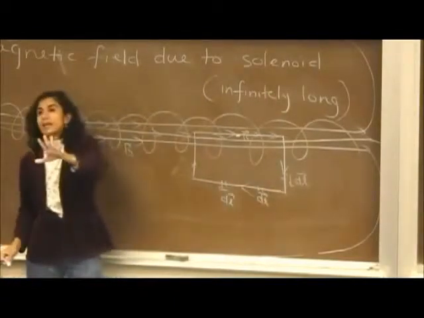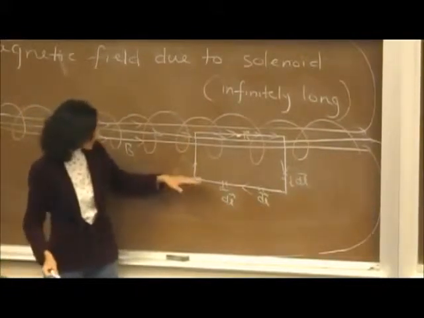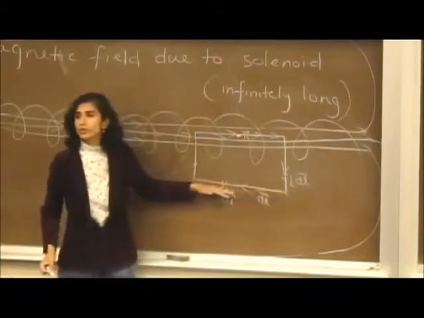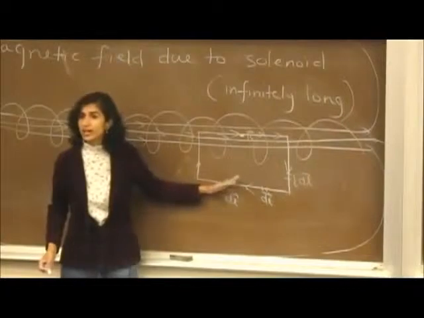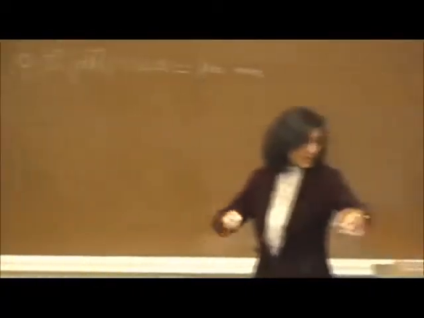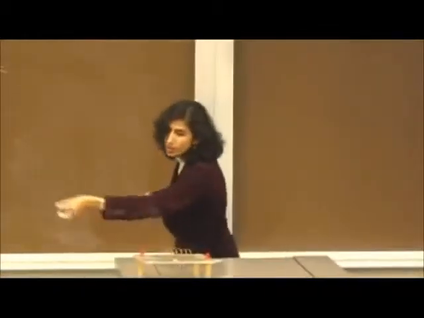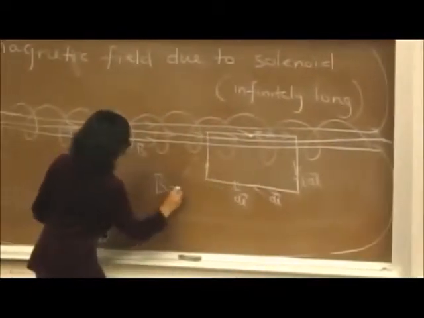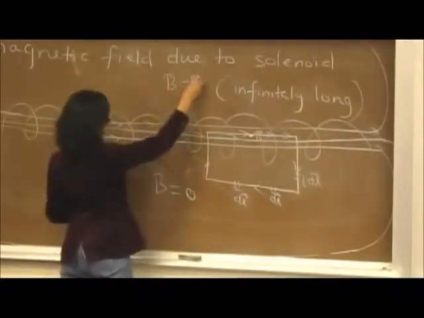Okay, now here is the thing. We are saying the magnetic field here is 0. Remember, we said the magnetic field here is 0. Why? Because I just proved to you that all these field lines outside have the rest of the universe to go around, so the field is extremely weak. In fact, you saw that it was almost 0. So we know that B outside is 0 here, B outside here is 0.